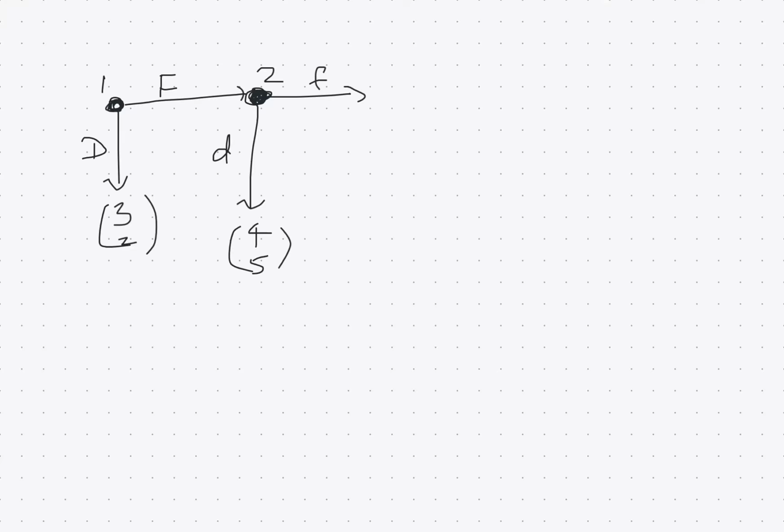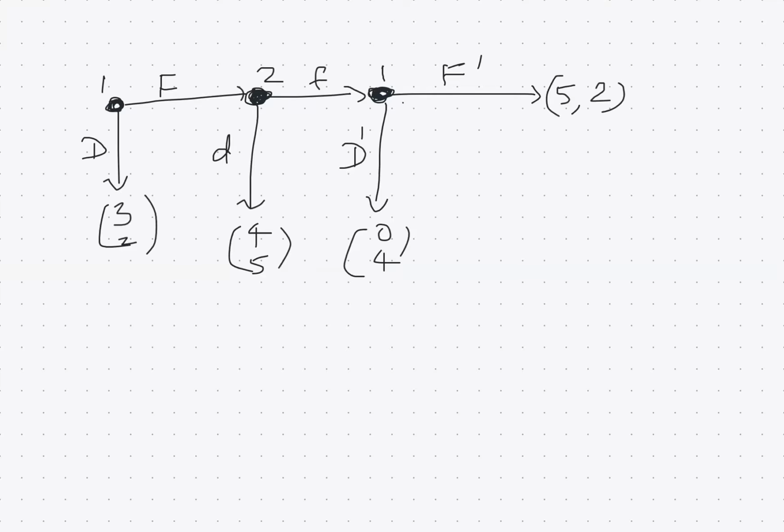And if he moves forward, in the third stage of the game, player 1 gets to play the game again, and he can end the game by moving down D prime, with payoffs of 0 and 4, let's say, or he can move forward and end the game with the payoff of 5 to player 1 and 2 to player 2. Okay, so let's convert this game into the normal form or strategic form game.